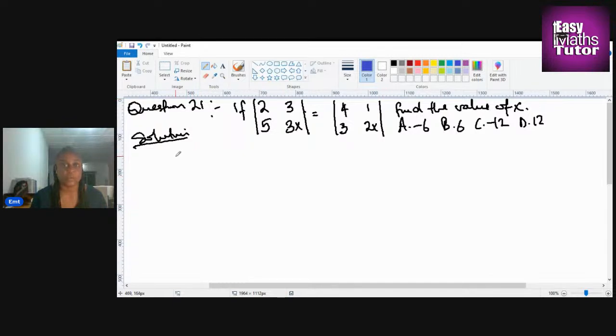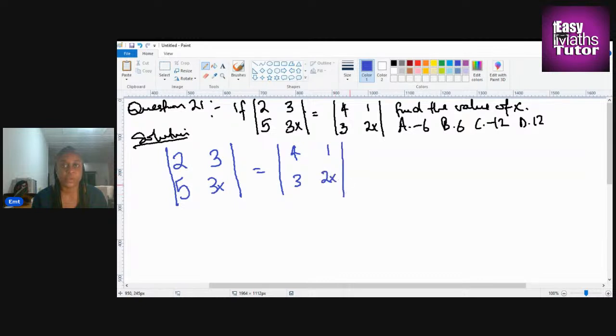First, find the determinant of this 2, 3, 5, 3x matrix, and then find the determinant of this 4, 1, 3, 2x.